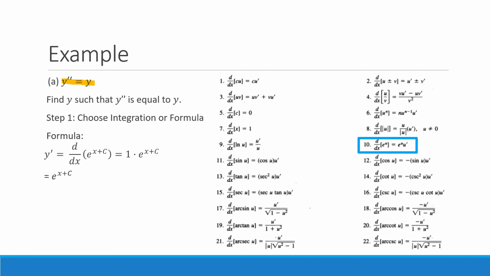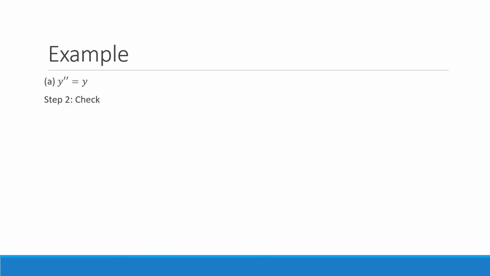Using this, we can think about, will this work for our differential equation? So let's check. If we take our y to equal e to the x plus c, then we take the first derivative and we get 1 times e to the x plus c, which can be simplified into e to the x plus c. So we go on to take the second derivative and we similarly get e to the x plus c.